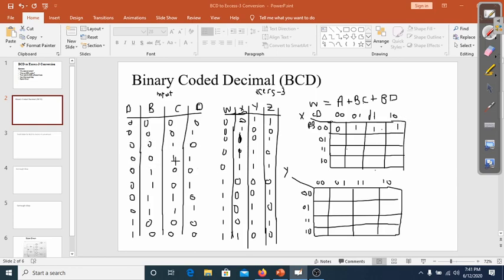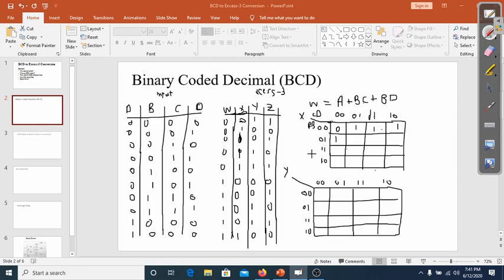For 0 0 1 1, here the output is 1. Next 0 1 0 0, in this case the output is 1.